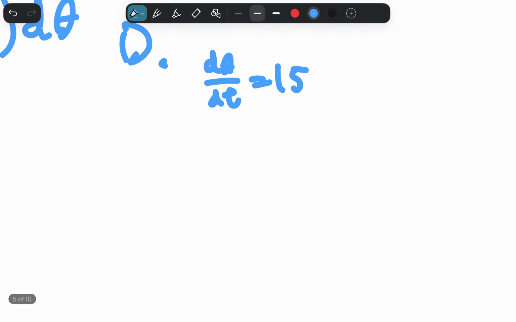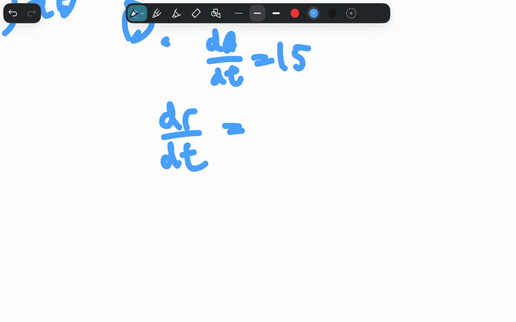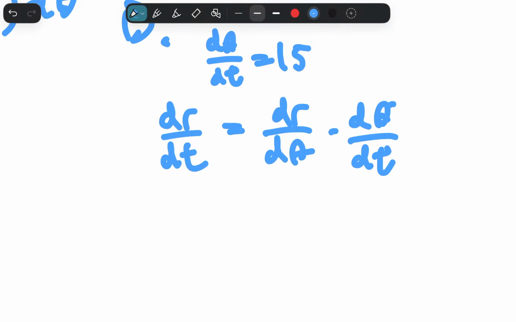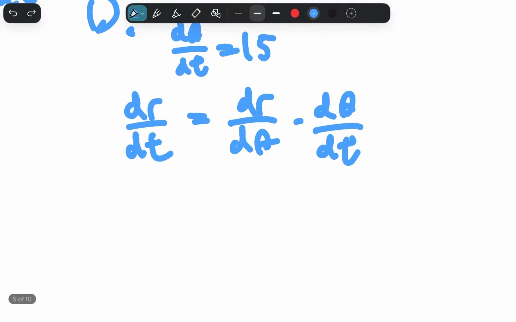The distance from the origin is r, and the rate at which it changes is just dr/dt, right? So dr/dt is equal to dr/dθ times dθ/dt. The dθ cancels out here, so we get dr/dt is equal to dr/dt.